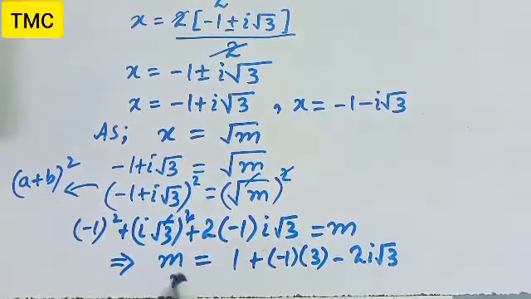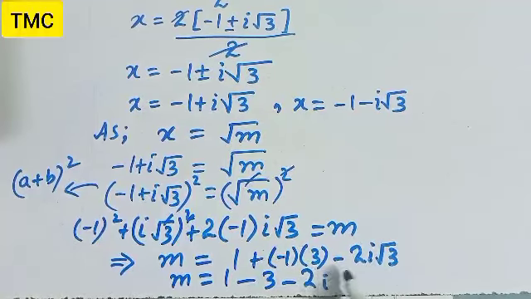Further simplifying, m equals 1 - 3 - 2 iota under root 3.